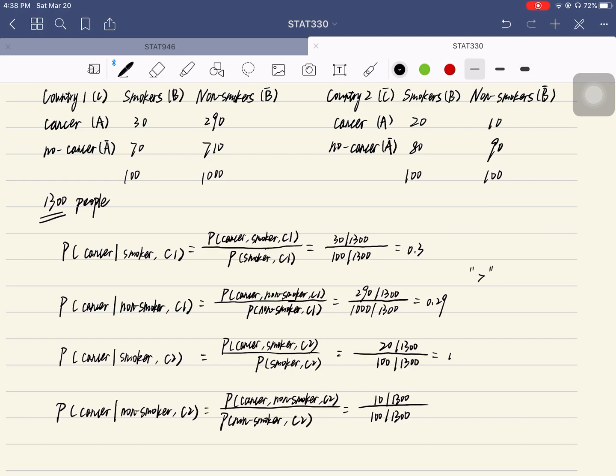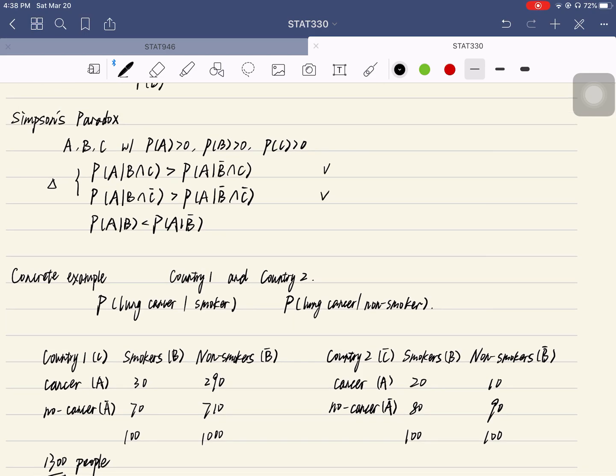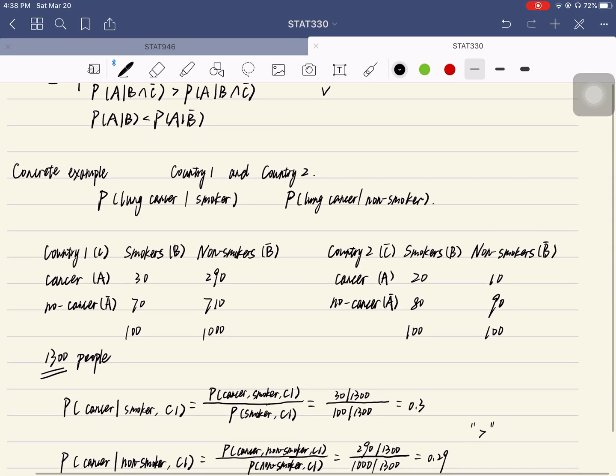So here is 0.1, 0.2, and we also have this greater relation between these two probabilities. So the second inequality also holds.